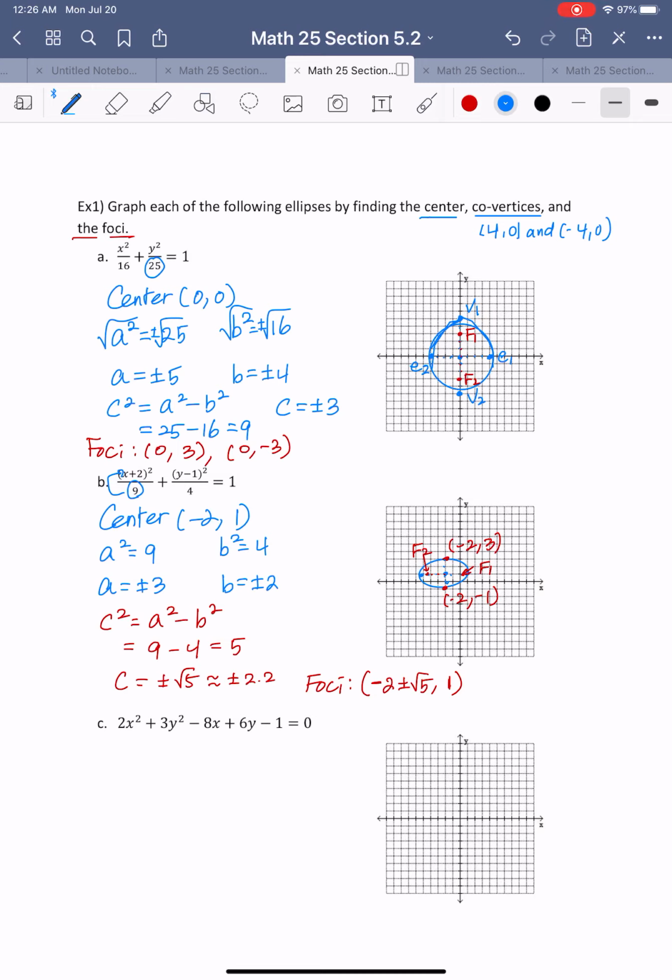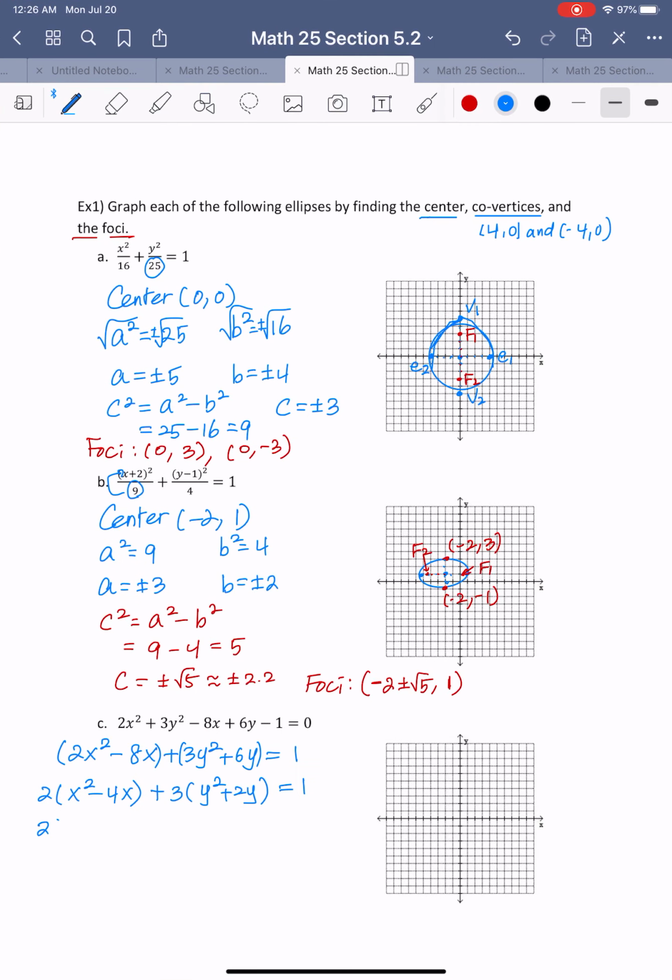First of all, I put the 2x squared minus 8x together and the 3y squared plus 6y together, plus 1 on both sides. Then I make a grouping and factor the 2 out, so x squared minus 4x, and factor the 3 out, y squared plus 2y, equals 1.